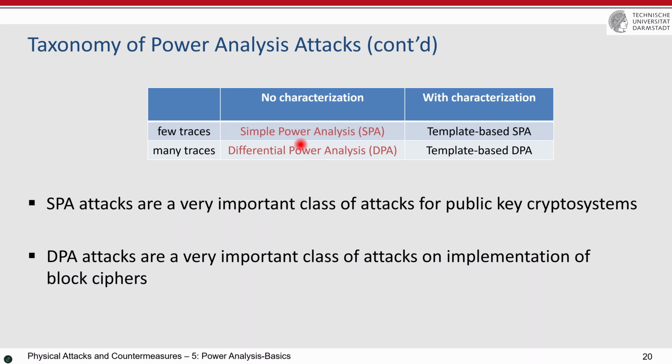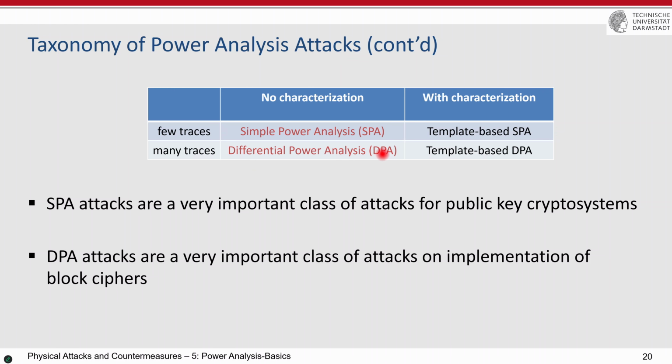Now we categorize them into 4 cases or 4 categories. If you have no characterization, there is no way to do characterization, and you are bound to a small number of traces, the attack is called simple power analysis, or SPA. And if you do not have any limit, then the attack is called DPA.